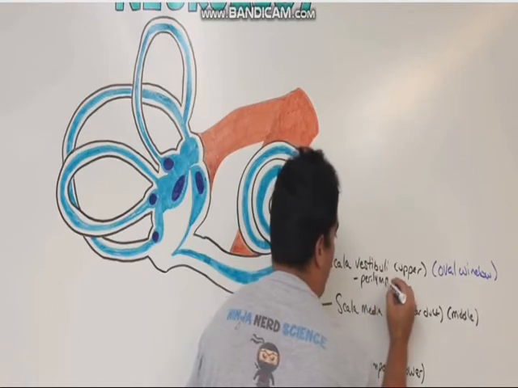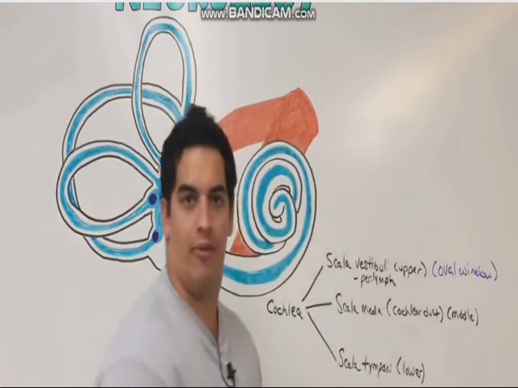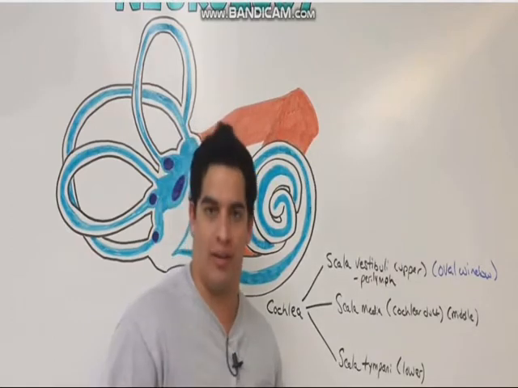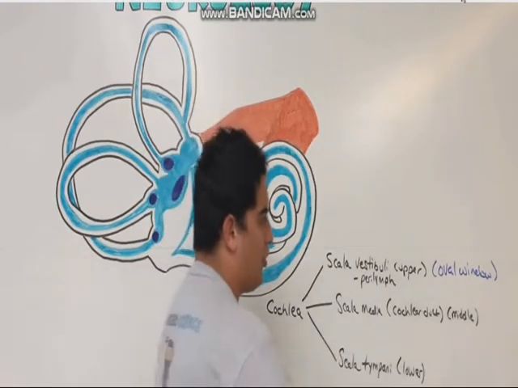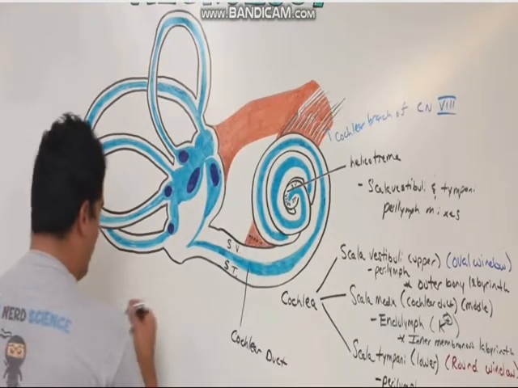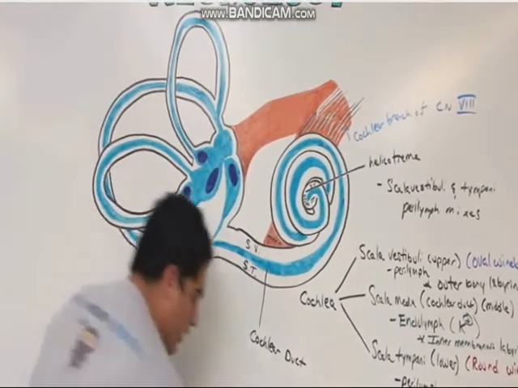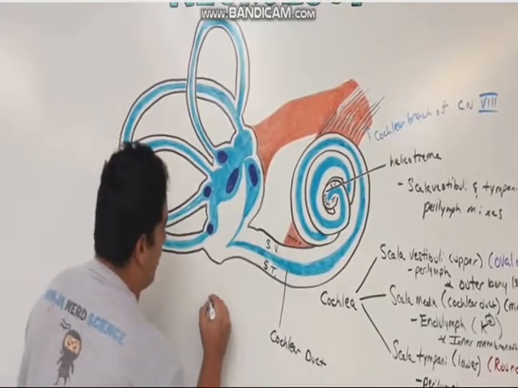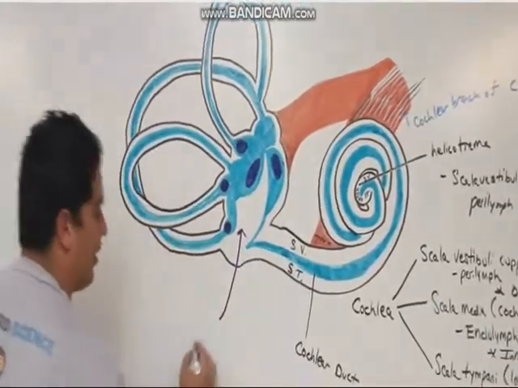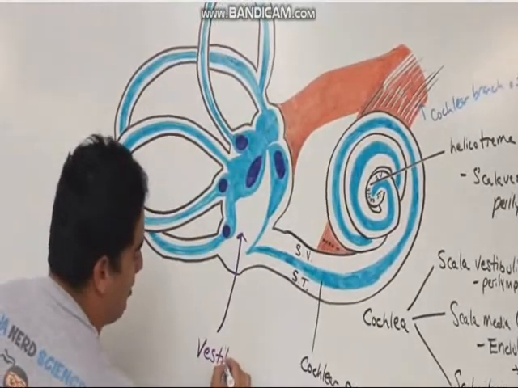It contains perilymph, which is similar to extracellular fluid. Scala media has endolymph, scala tympani has perilymph.